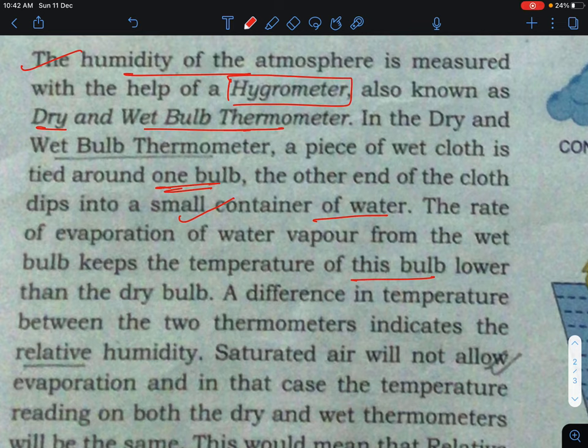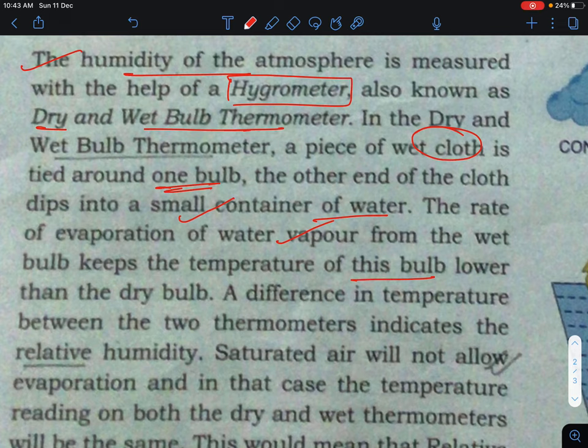Now, what does the wet bulb mean? A piece of wet cloth is tied around one bulb, and it is dipped into a small container of water. The rate of evaporation keeps the temperature of this bulb lower than the dry bulb.